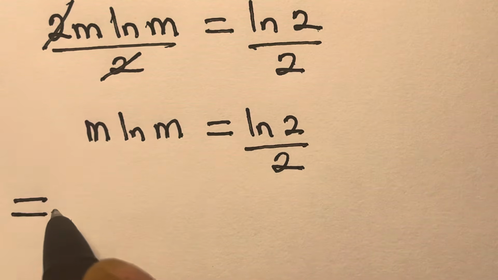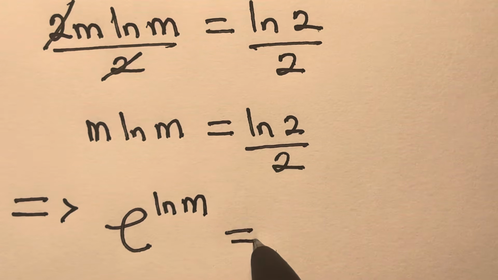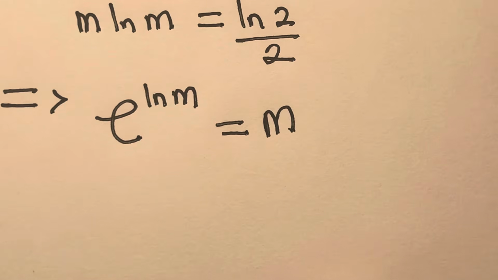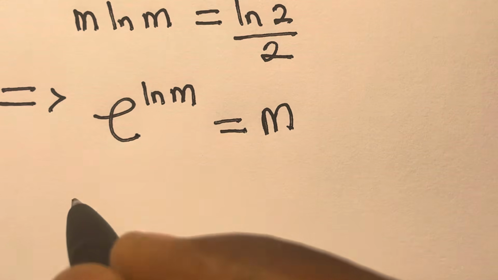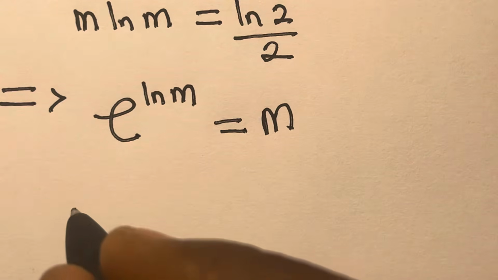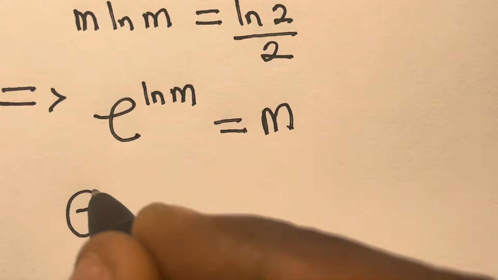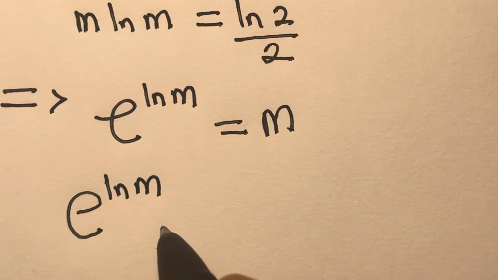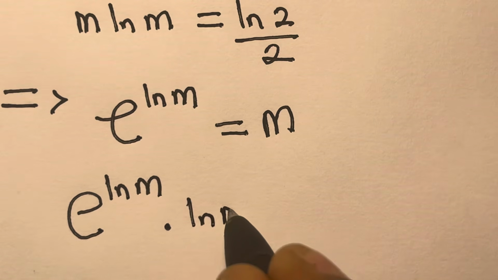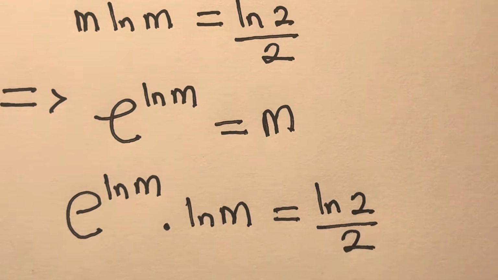So here, let's recall that if you have exponential of ln m, this will be equal to m, because exponential cancels ln. So now we can replace m with exponential of ln m, so we have exponential ln m, multiplied by ln m, equals ln 2 divided by 2.